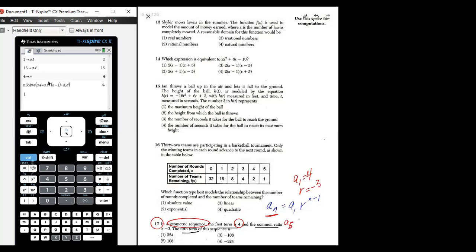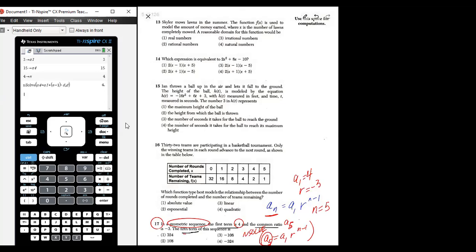So we also know, because we're looking for the fifth term, that n is equal to 5. So here's what we have. Let's nSolve this. We're going to have a sub 5 equals a sub 1 times r to the n minus 1. And then we just nSolve this, and we're going to be looking for the fifth term.